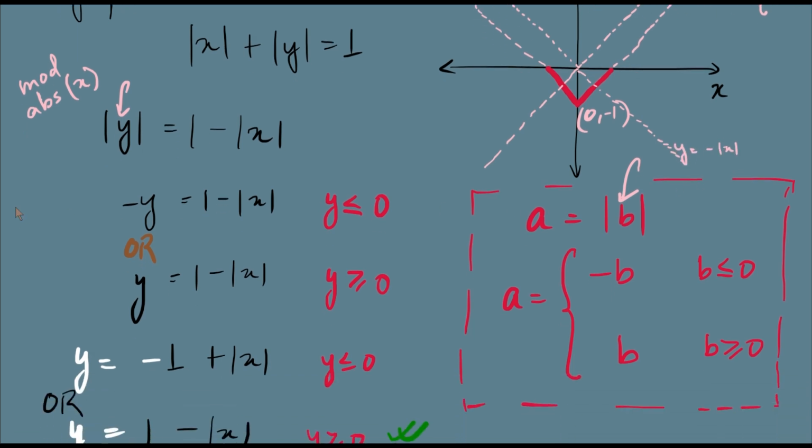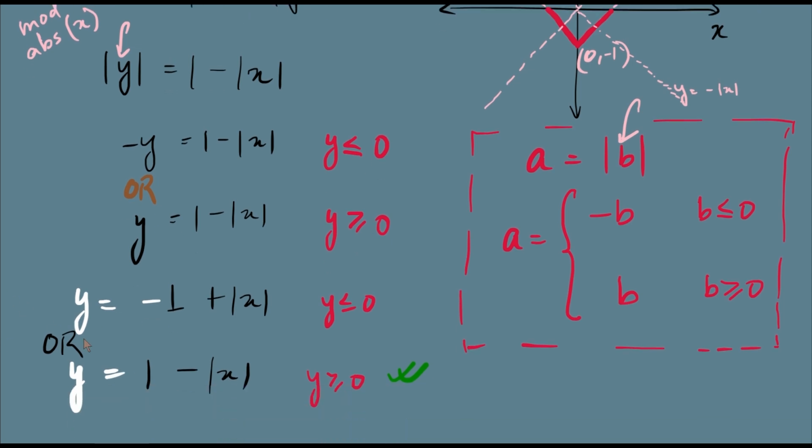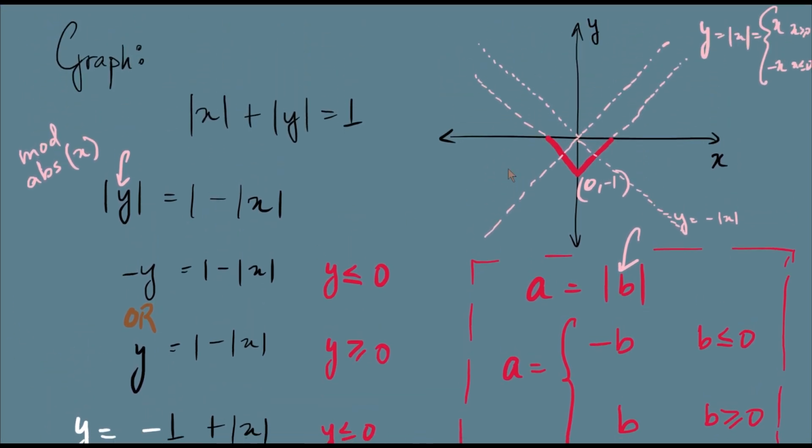Then all you have to do is just add 1 to it, right? So finally, if I add 1 to all the points, I'll shift this graph 1 unit up, right? So this will look like this, shifted 1 unit up.